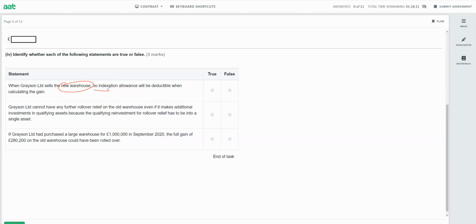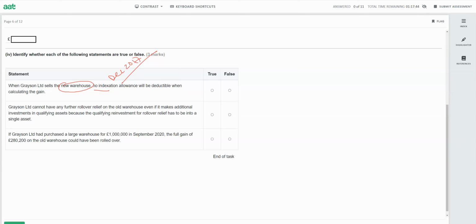Before we give the answer, we have to remember the indexation was stopped, or closed, by the government in December 2017. So after December 2017, there is no more indexation allowance for the company. So if we buy any asset after December 17 and if we sell, we're not going to get any indexation allowance for that.